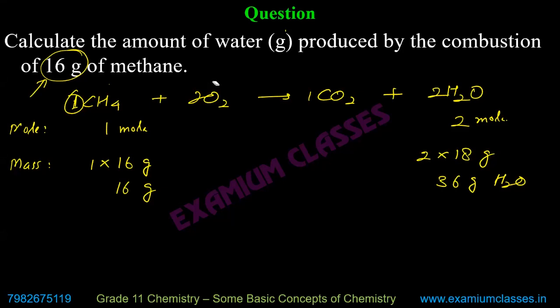What I am doing again and again, you can see, I am first getting the ratio of moles. Then if the question asks me in terms of mass, I change it to mass. If it is in volume, I'll change moles to volume. If it is in terms of molecules, I'll change moles into molecules. First is the molar ratio, which is nothing but the stoichiometric ratio.